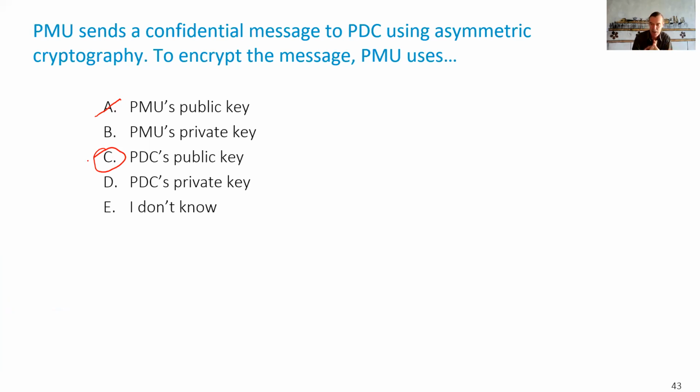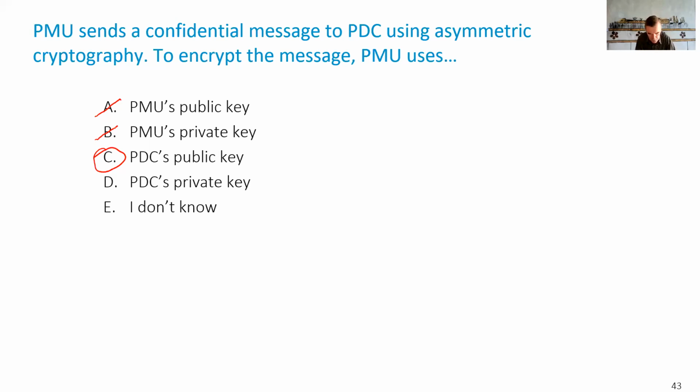But once the message is encrypted, somebody who sees the encrypted message cannot decrypt it, except if you know the private key, and that is in principle only PDC. If I send with my private key, that's perfectly useless, because anybody can decrypt, since in order to decrypt, we can use the public key.